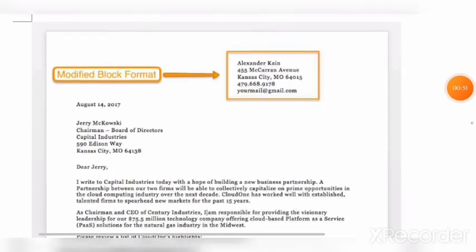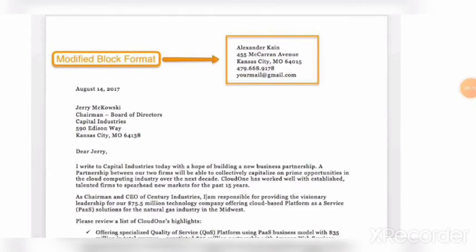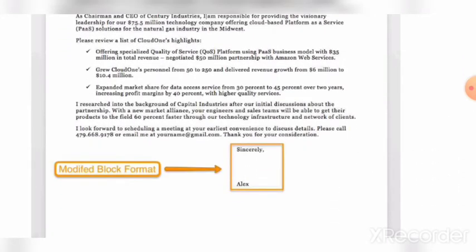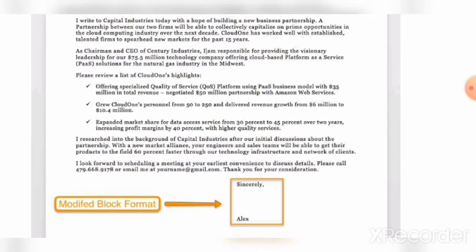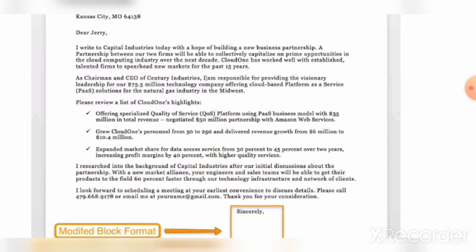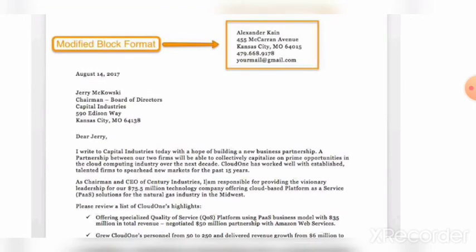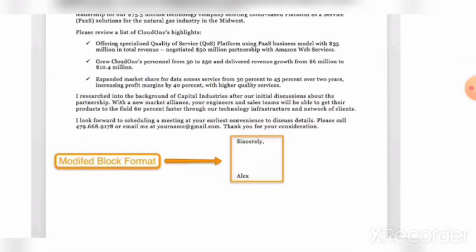And then for the modified block, you see that the address is on the right hand side. You either start from the horizontal center or you right align it. Even the closing is like that. That is the only difference between the block format and the modified format. Everything for the block format is left aligned, and everything for the modified block is left aligned except the address and the closing.